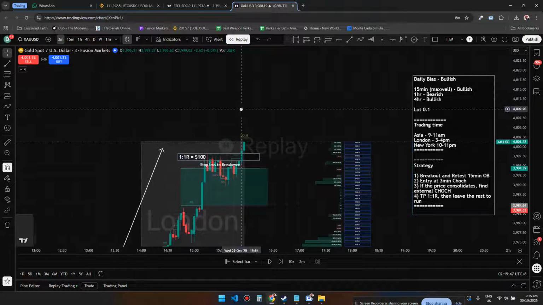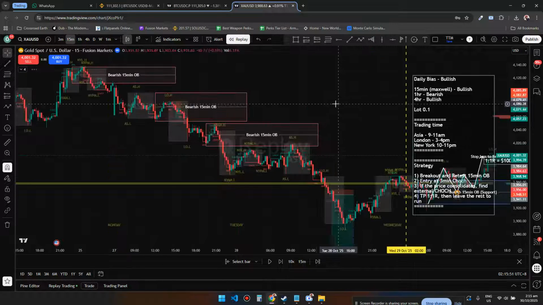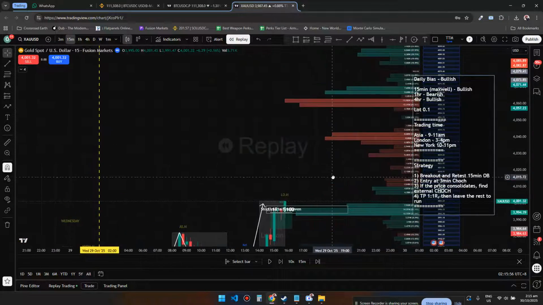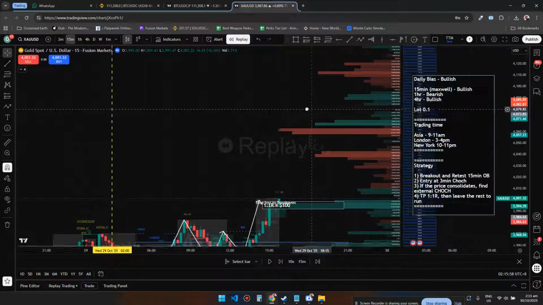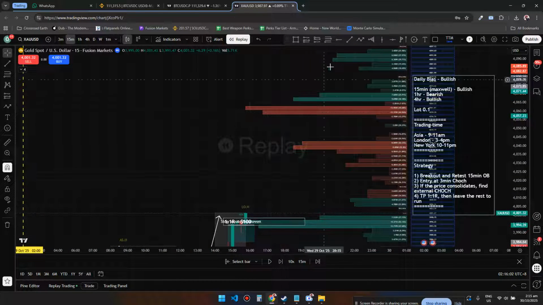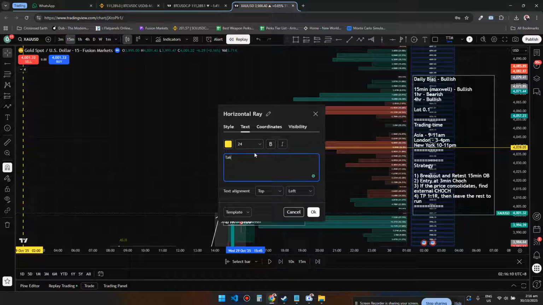And then for this trade, I actually look at the higher time frame. On the 15-minute time frame, you can see that there are many points of interest that the price could go to. So this was one point of interest for me.